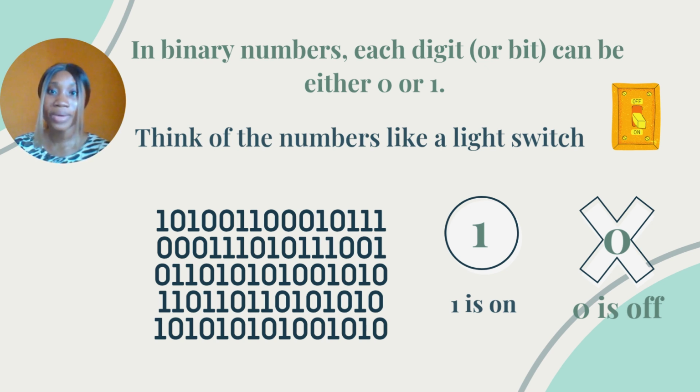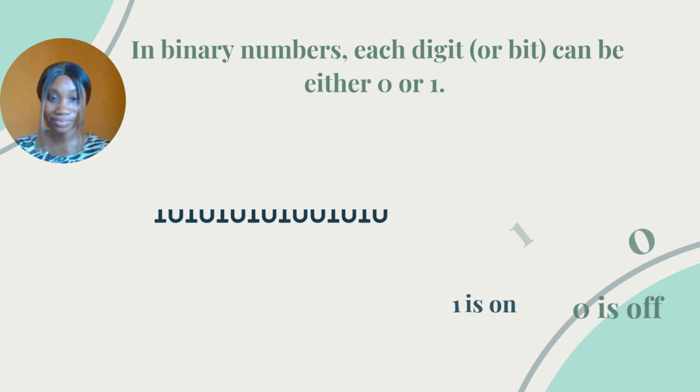Now, the binary number system, the 0 and 1 is just like a light switch, which can be on or off, or it can be compared to things like yes and no, up and down, left and right, in and out, front and back, black and white. That's all there is to the binary number system.